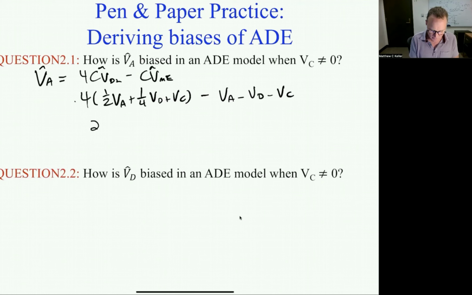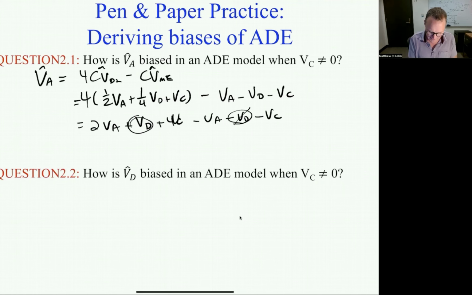This would give us 2 VA plus VD plus 4 VC minus VA minus VD minus VC. So we get rid of the VD. We indeed get VA as being a component of our VA estimator, which is good. But plus 3 VC.